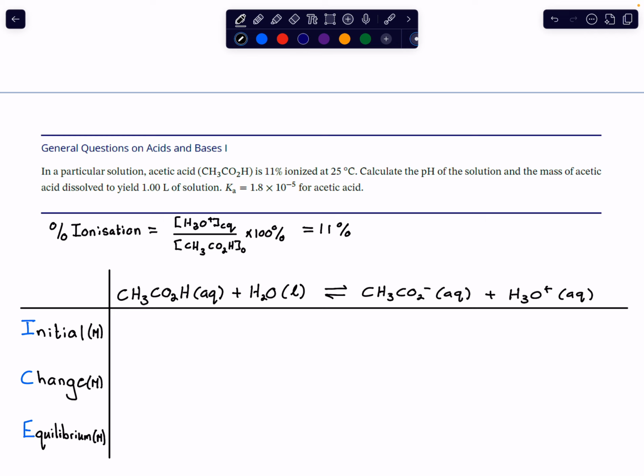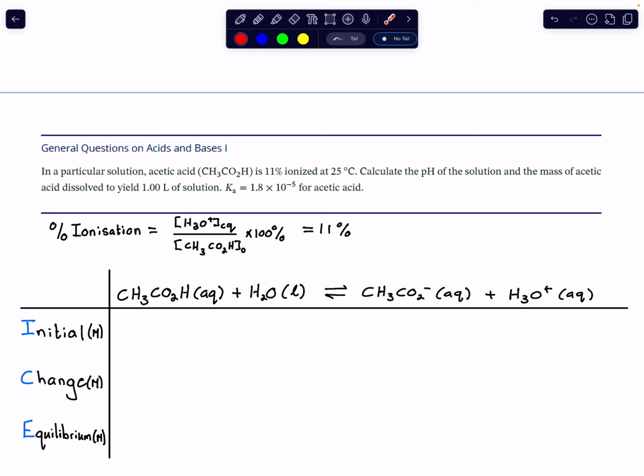So our first step is to just recall, what does percentage ionization actually mean? We must recall that it gives us the amount of hydronium at equilibrium divided by the initial amount of the acid, in this case acetic acid, multiplied by 100, and we're told that this is 11% for this acid.